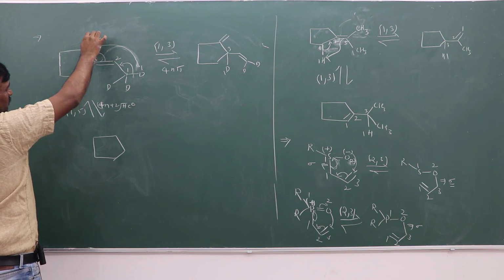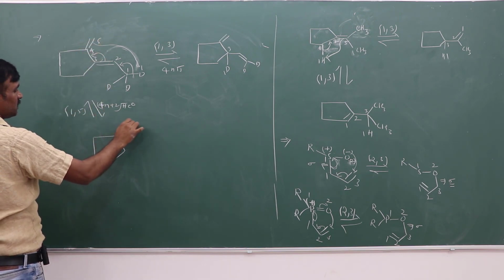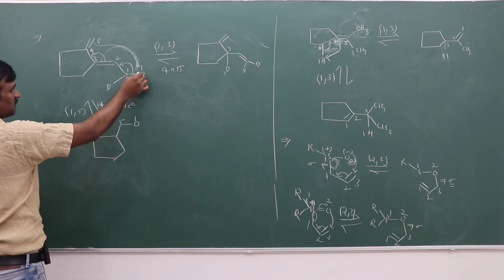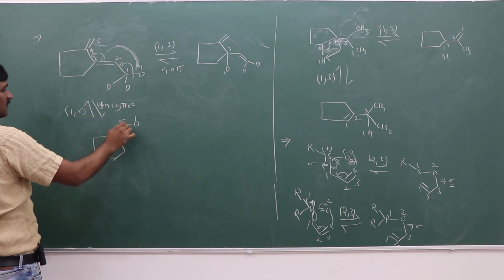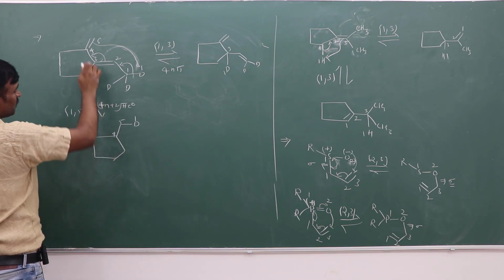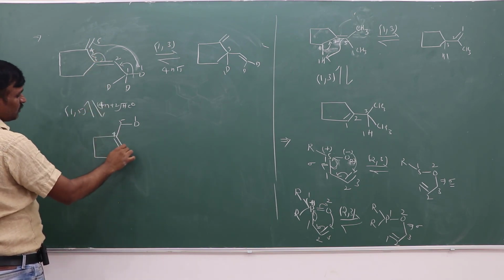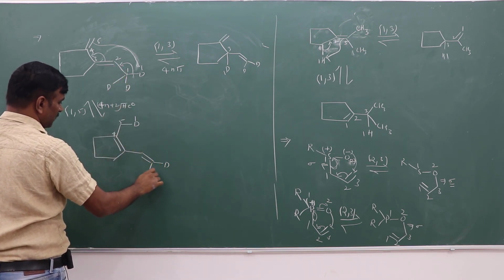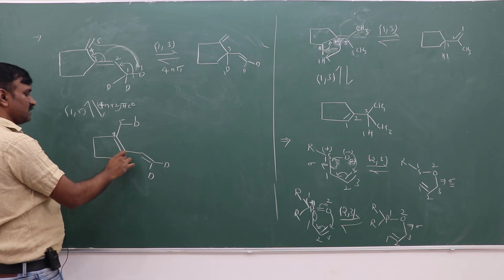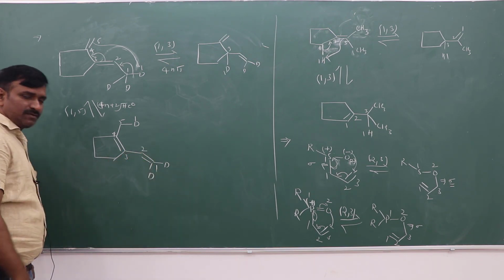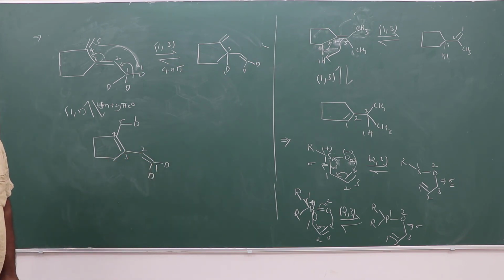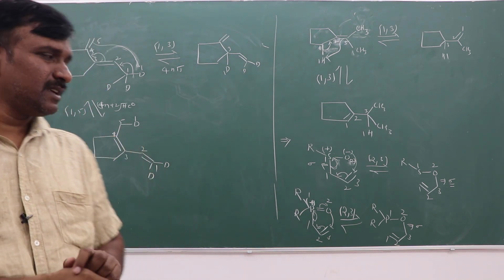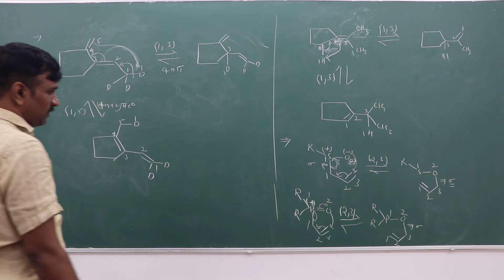So the fifth position has deuterium. Here positions 4 and 3 have a double bond, positions 1 and 2 have a double bond, and deuterium is there. This is the 1,5 shift.